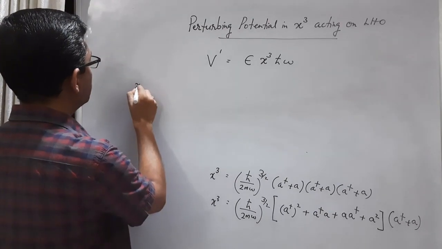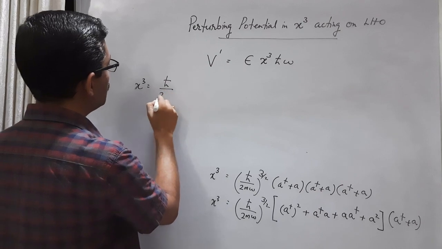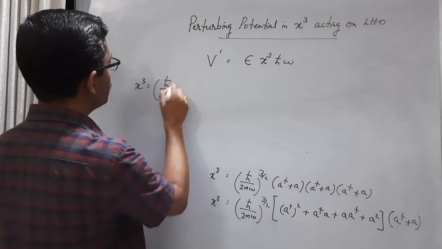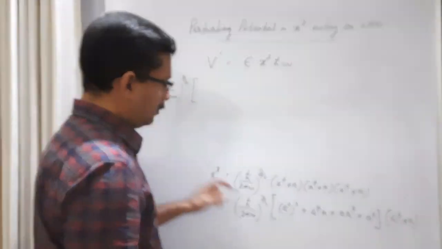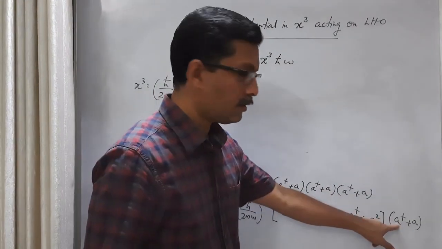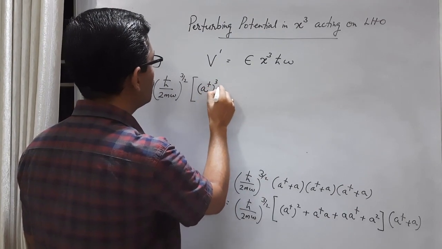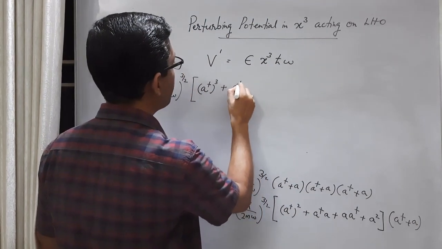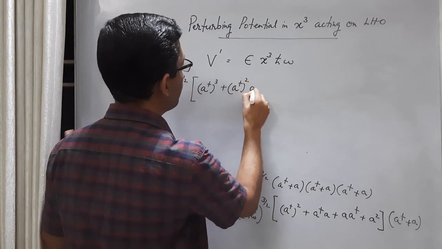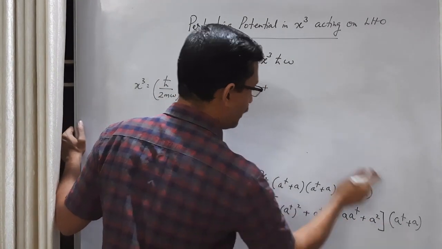Start here. x cube is equal to h cross by 2m omega all raised to 3 by 2. So a dagger square into a dagger, a dagger cube, plus a dagger square into a, plus here a dagger a into a dagger.